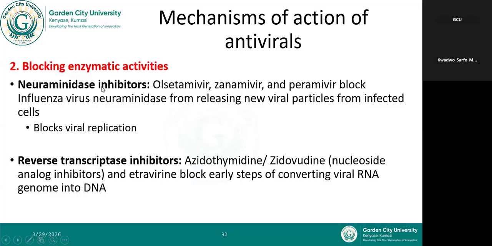But if these drugs inhibit the enzymes from releasing the virus, it becomes self-limited within the infected cell and cannot spread to infect new cells. So the immune system will take over and then clear them.